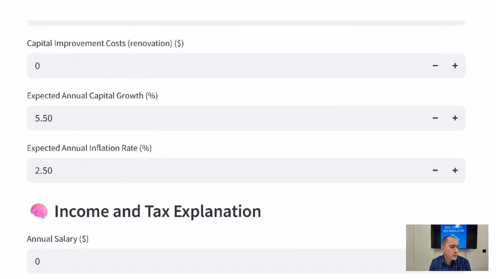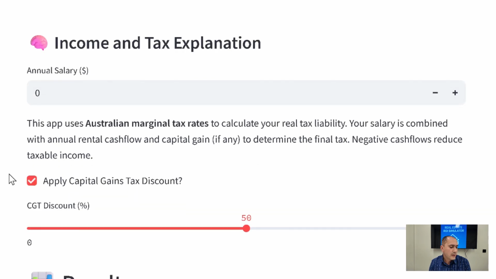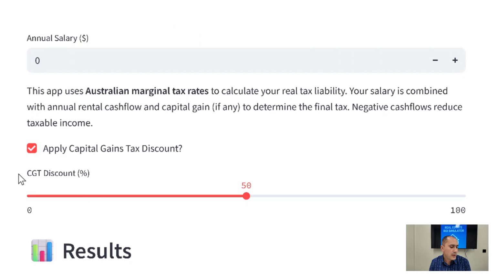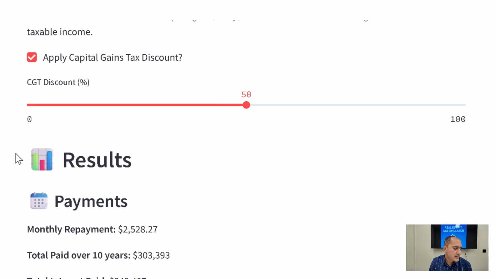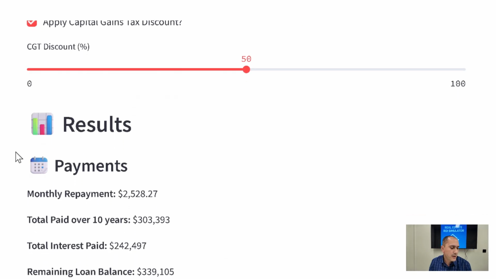And also you can include your annual salary for a more accurate calculation of tax at the end. And if the investment you are going to do is eligible for any capital gain tax discount, you can check this box as well and define the percentage, obviously. Now let's have a look at the result and see how the results are for our example.